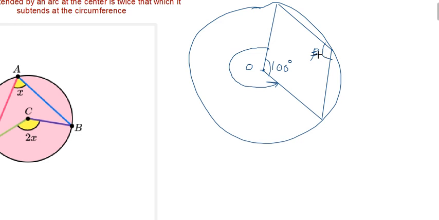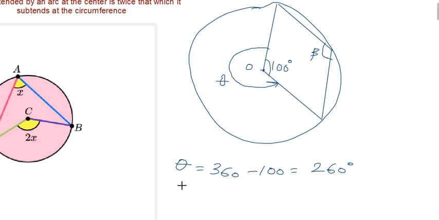So to calculate beta, we must first calculate the value of this reflex angle. Let me call it theta. Theta equals 360, the angle at a point, minus 100 degrees, and that will be 260 degrees.